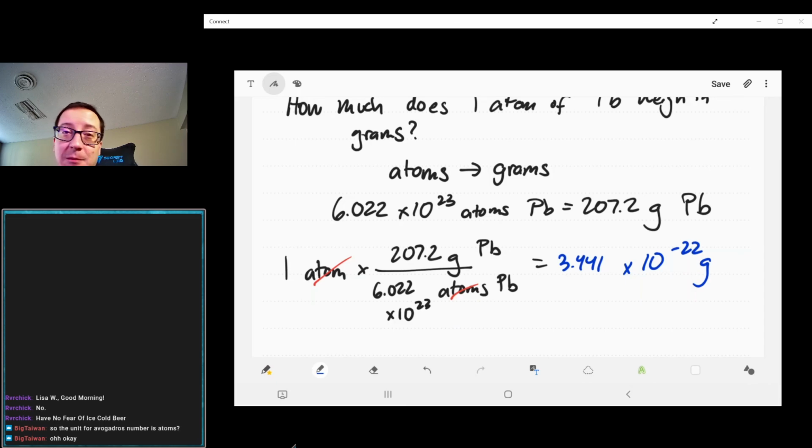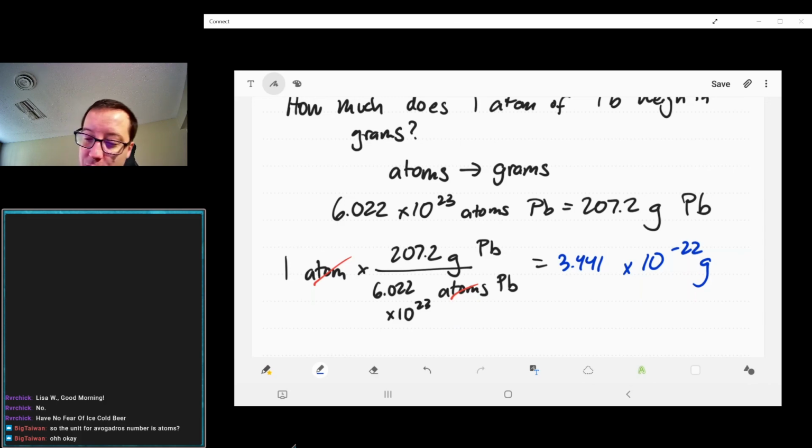We're at 10 to the minus 22 for a single atom. So we are nowhere near being able to actually weigh something out. And so it really doesn't make any sense for us to talk about individual atoms, but it does make sense for us to talk about moles of atoms. Just because those are actually useful quantities, stuff we can measure out. We can easily measure out 207.2 grams of lead and understand how many atoms we have.